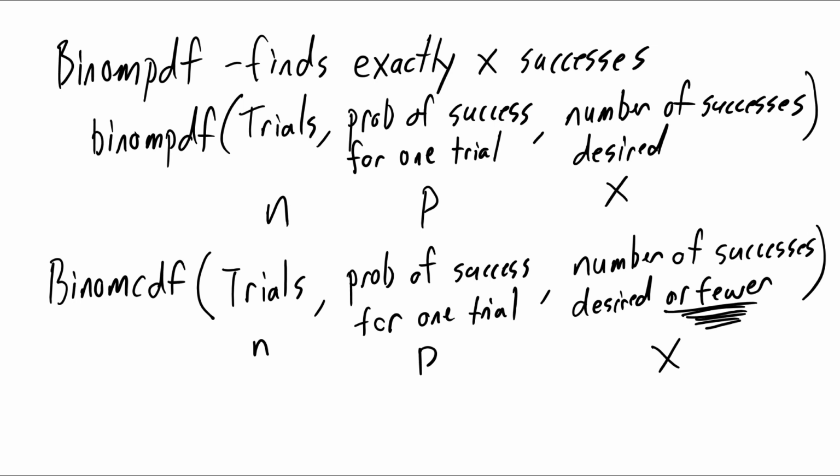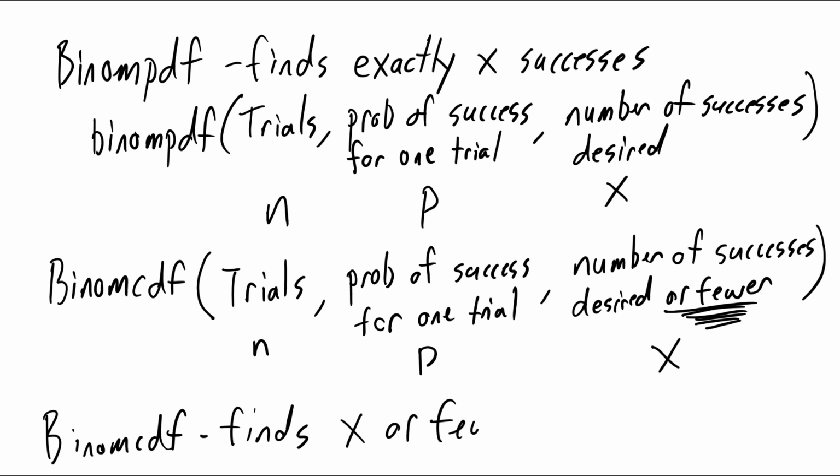Oh, and I forgot to write, so Binomial CDF finds X or fewer successes. So when you're trying to figure out which function to use, Binomial PDF finds an exact number of successes.